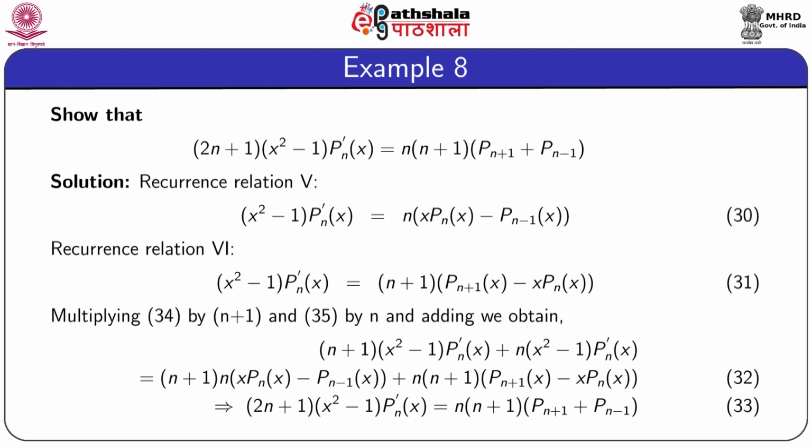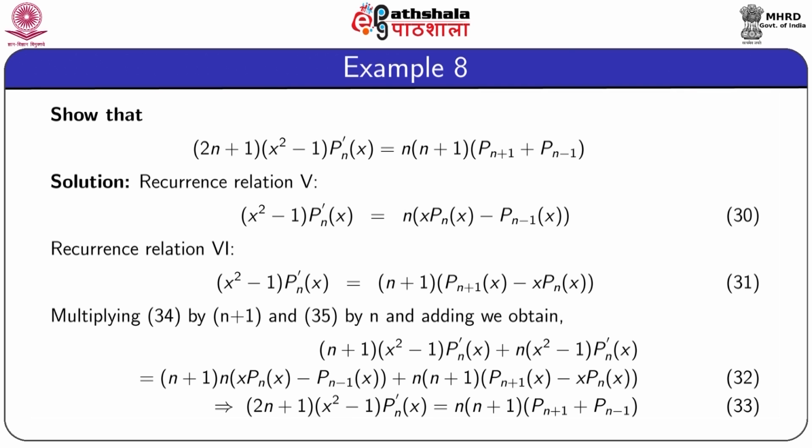Multiplying 31 by n plus 1 and 30 by n and adding, we will get (n plus 1) (x square minus 1) P dash n plus n (x square minus 1) P dash n is equal to (n plus 1) into n multiplied by (x P n minus P n minus 1) plus n into (n plus 1) multiplied by (P n plus 1 minus x P n), given by equation 32.